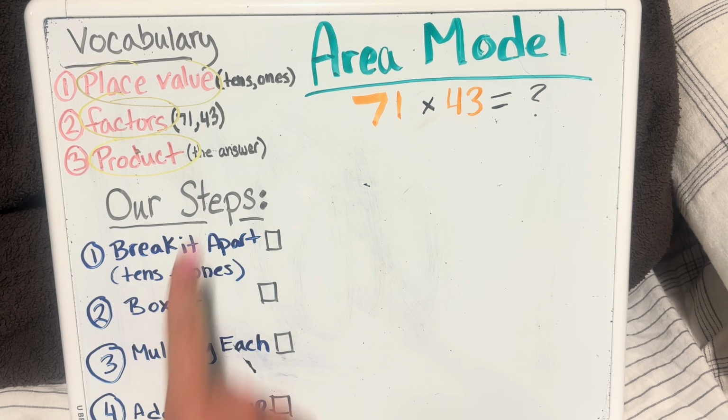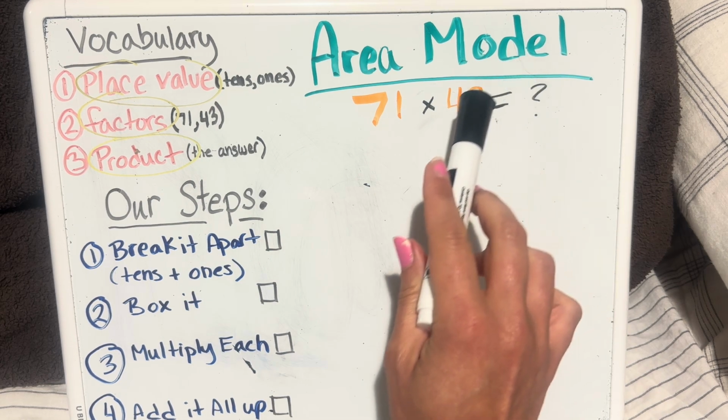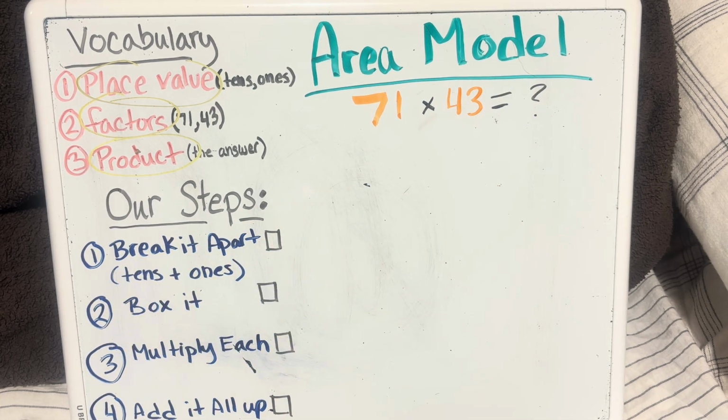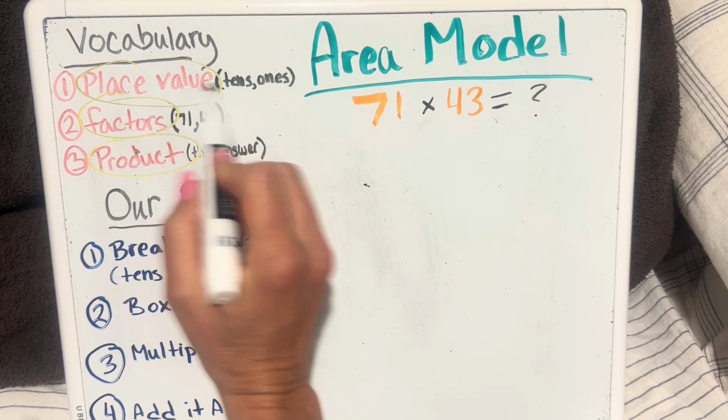So let's look at the steps we need to follow. Our first step in the area model is going to be break it apart. When we break apart our numbers, we are going to break them into place value.